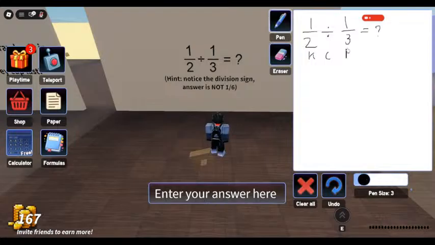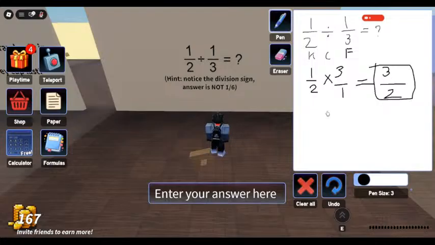Keep, change, flip. So we keep this 1 over 2. Change will become multiplication, 1 over 3, which is flip. It will be 3 over 1, which then when we times, 1 times 3 is 3, 2 times 1 is 2. We have 3 over 2 as the answer.